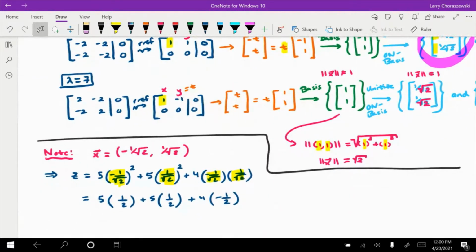Can you guys simplify this expression and type in the chat what it simplifies to?